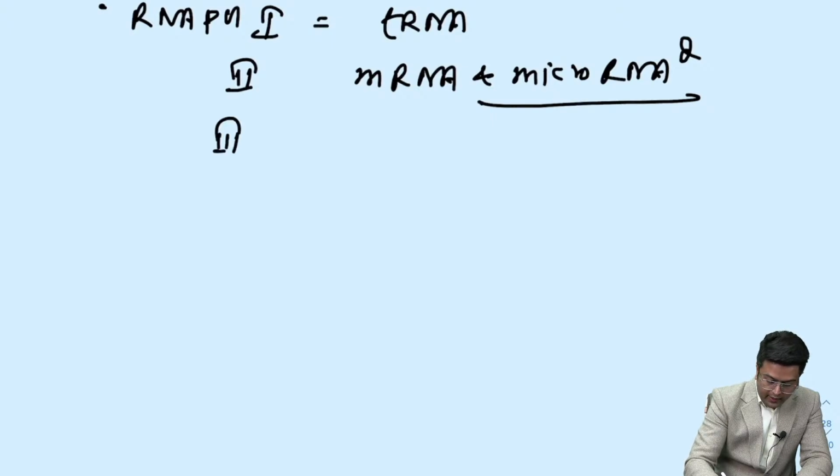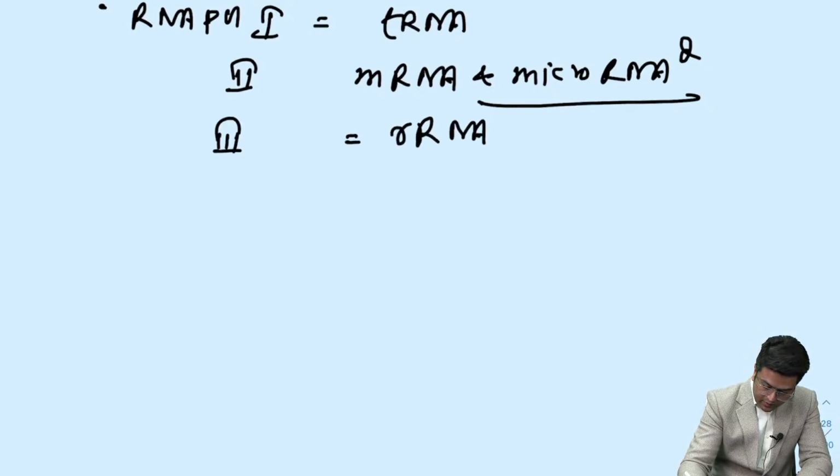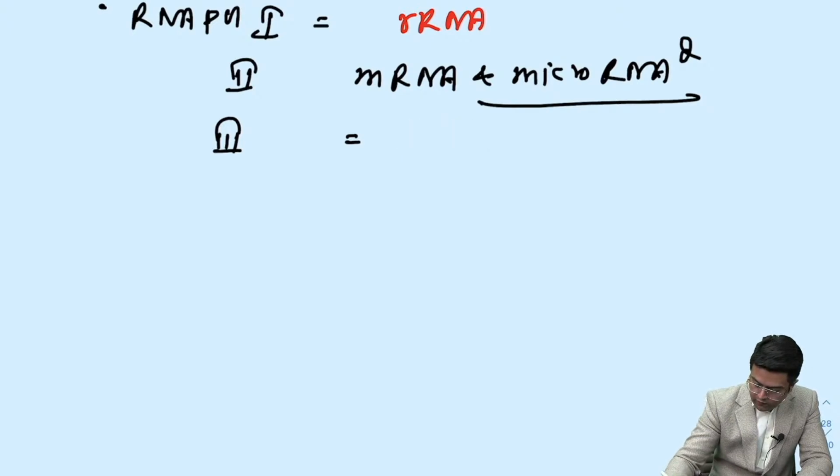MicroRNA also. And RNA polymerase 3, that makes the ribosomal RNA. Just we'll change this, just a second. So this will be making ribosomal RNA, okay, and this will be also making ribosomal RNA, but only one. Fine.